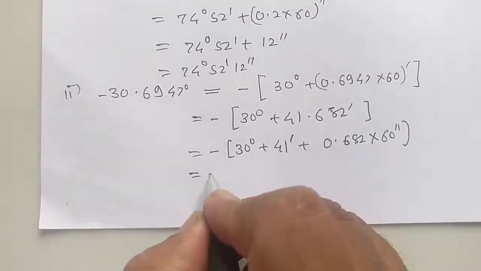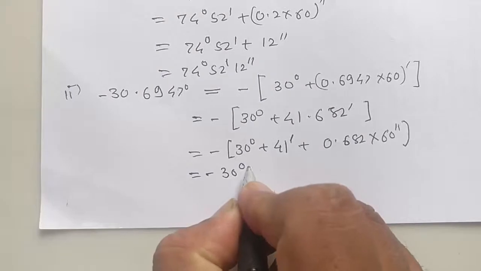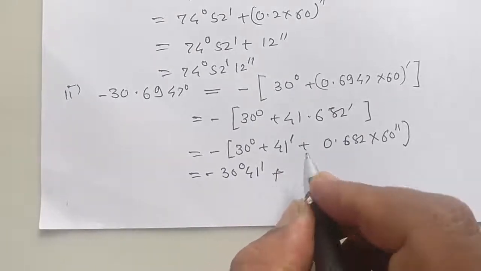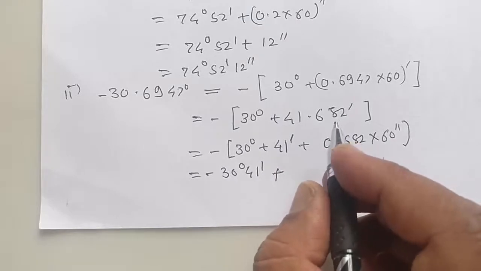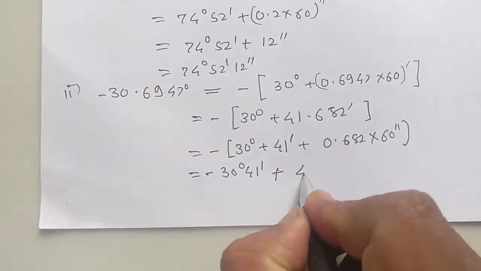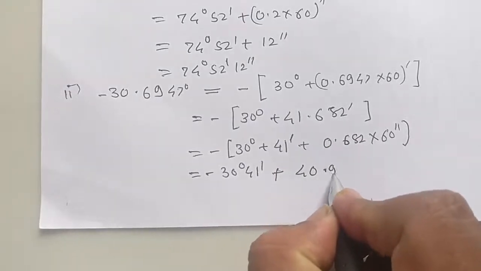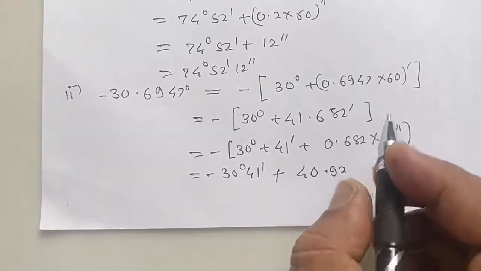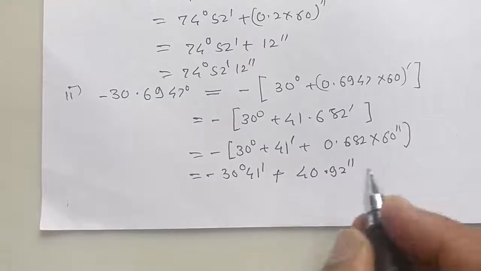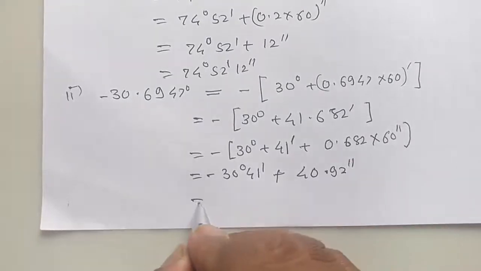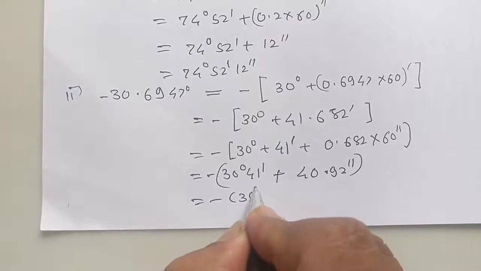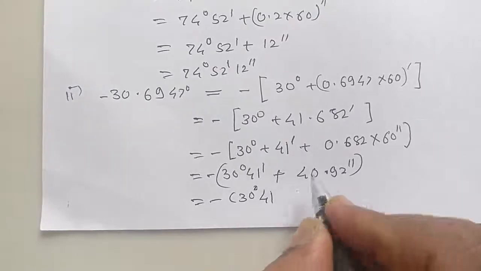So this is equal to minus 30 degree 41 minutes plus 40.92 seconds.